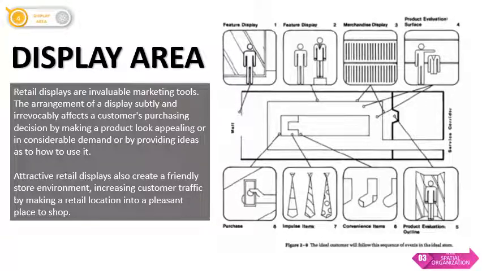Yeah, and then the product evaluation outline macam fitting room lah, apa benda semua tu lah. Yeah, and then they also have a convenient items, yeah, and impulse items, and lastly dia akan purchase. Biasanya impulse item and convenient item dia akan letak dekat area convenience ni lah, cashier counter.